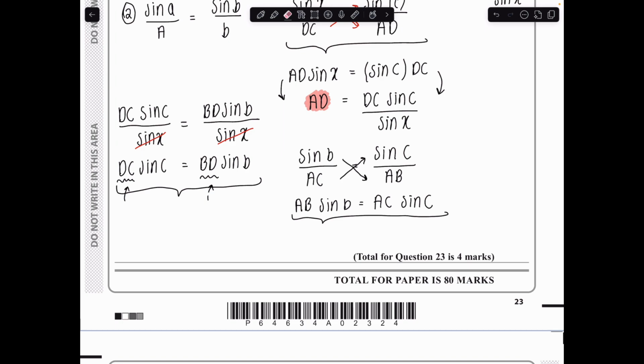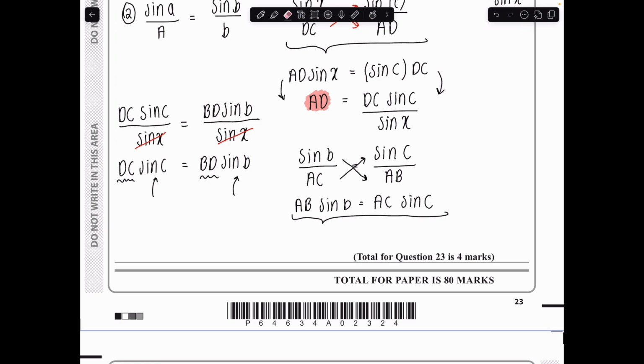And one way that we could do that is by getting one side or the other equal to each other. So what we can see here is both expressions, they have a sine C and a sine B. So let's try and get the sine B and sine C on the same side. So to do that, why don't we just divide everything by sine B and see what happens.